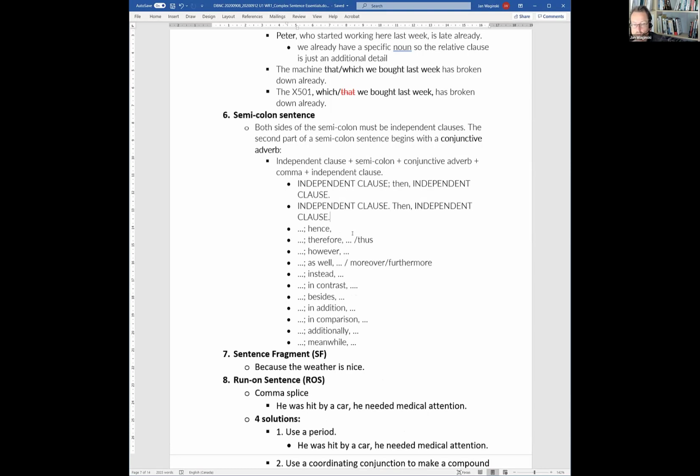After a period, always, always, always, the first word in a sentence must be capitalized. And if you're using a semicolon, then no. Like the one I've highlighted right now, then absolutely not. Do not capitalize then.